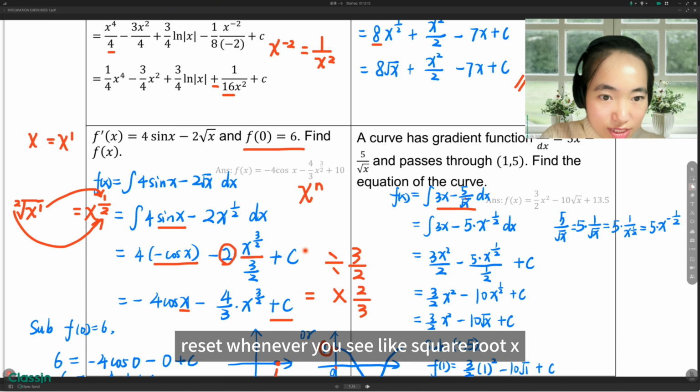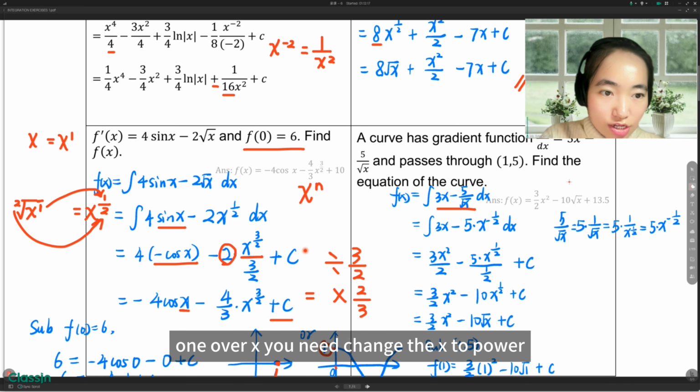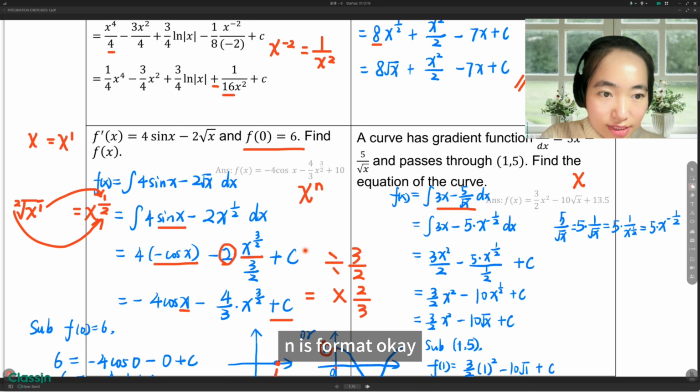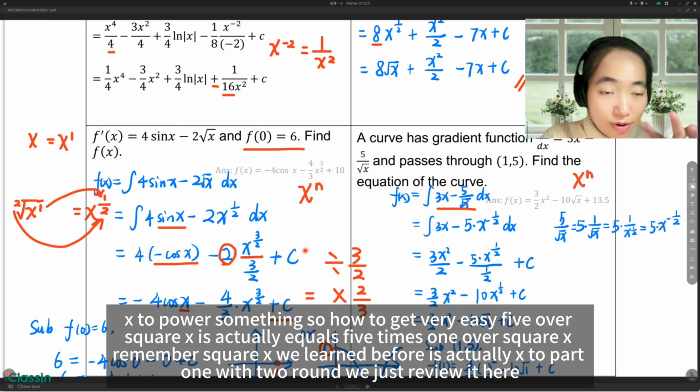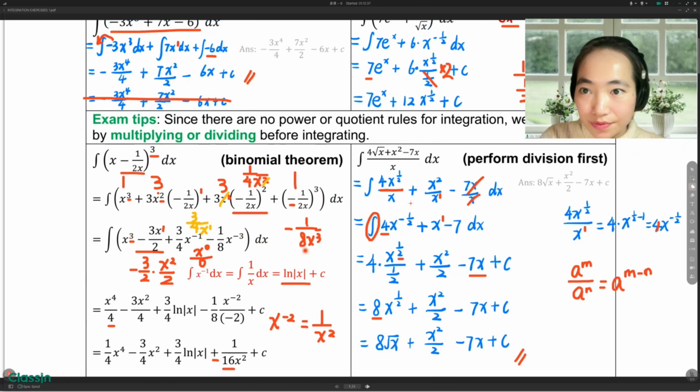Remember we said whenever you see square root x, 1 over x, you need to change the x to x to the power n format, okay? So how to get it? 5 over square root x actually equals 5 times 1 over square root x. Remember, square root x we learned before is actually x to the power 1 over 2, right? We just review it here.